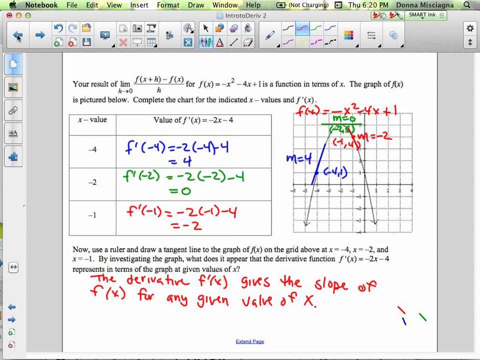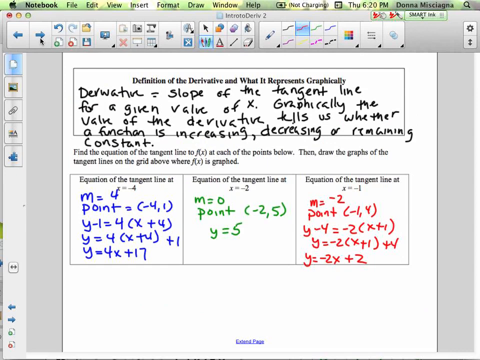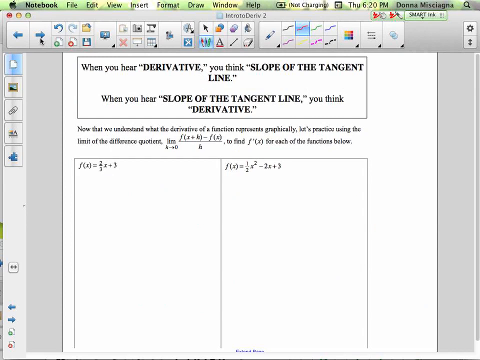We can find the equation of the tangent line given the derivative and any point on the graph. So when you hear derivative, you think slope of the tangent line. When you think slope of the tangent line, you think derivative.